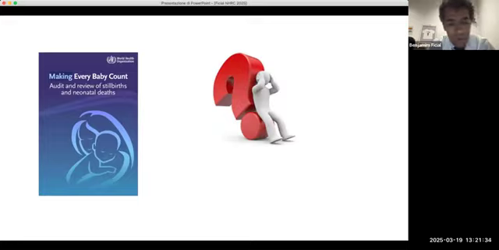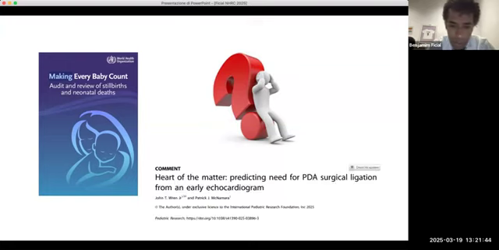Could we have done something more? Was there anything in this echo that could have helped us predict the pulmonary hemorrhage? I'm sure I'm not the only one asking these kinds of questions. And I do believe that the ability of a left ventricle to handle the volume overload caused by the PDA matters more than the absolute amount of the shunt itself.